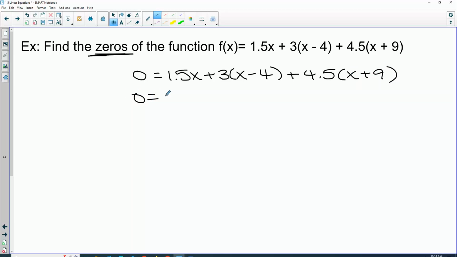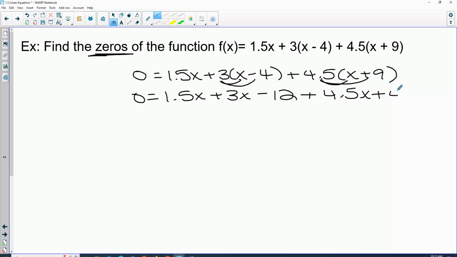Alright, so if we distribute, we get 1.5x plus 3x minus 12 plus 4.5x. What's 4.5 times 9? What? 40.5. Okay. Combine like terms. So 1.5x, 3x, and 4.5x.